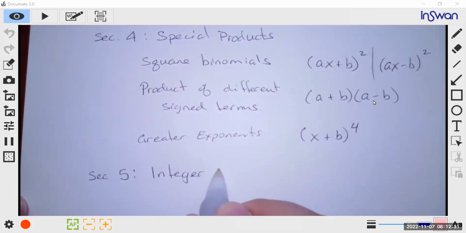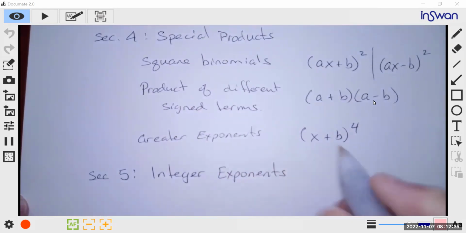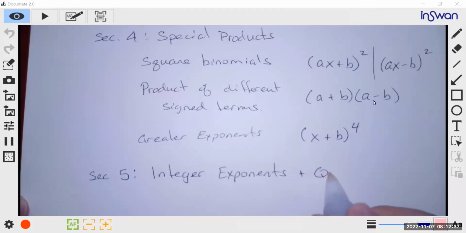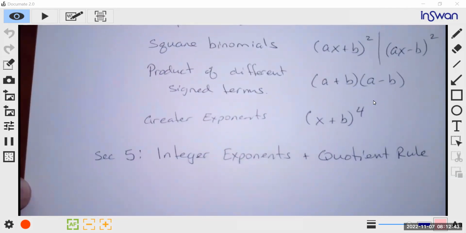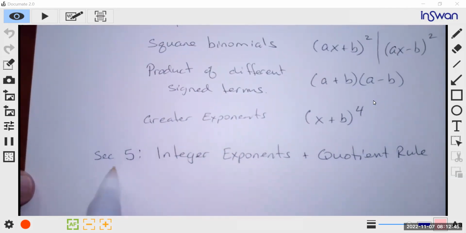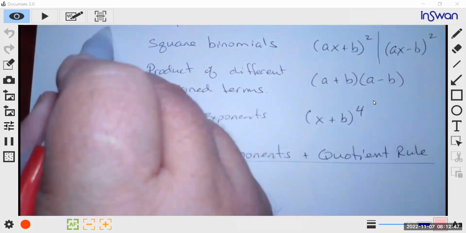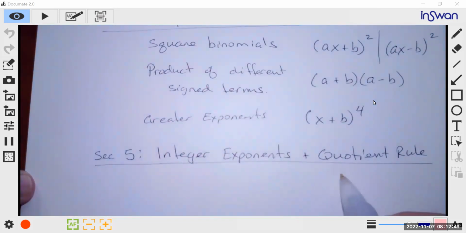Section 5 dealt with integer exponents and the quotient rule. Quotient means fraction.